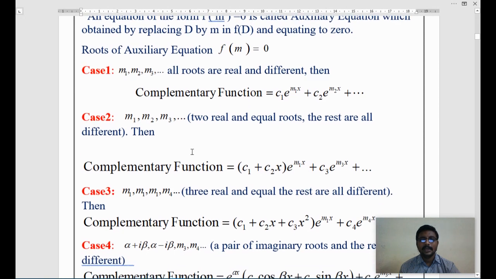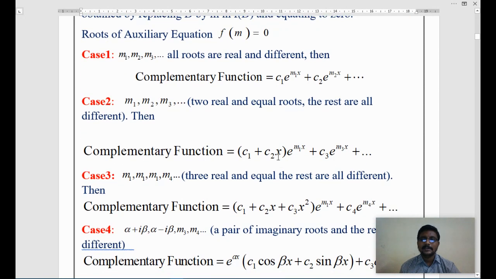Then we define CF as (c1 + c2 x) e^(m1 x), because here m1 and m2 are real and equal, that is m1 = m2, and the remaining roots are distinct, that means the rest are all different, so we define c3 e^(m3 x) + c4 e^(m4 x) + and so on.